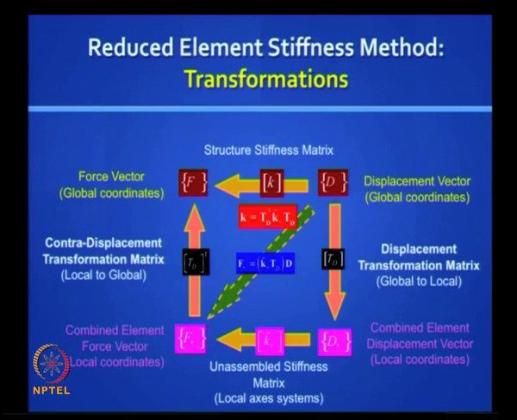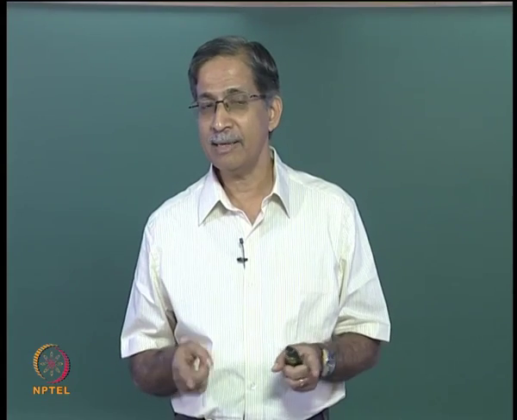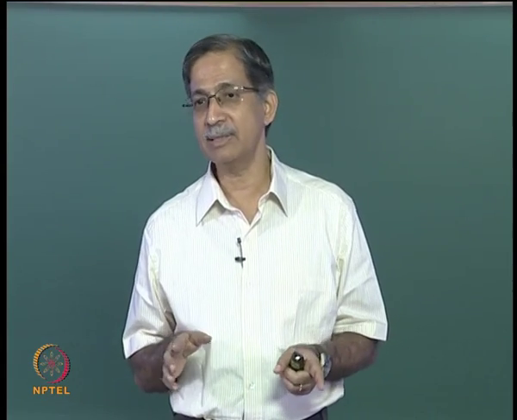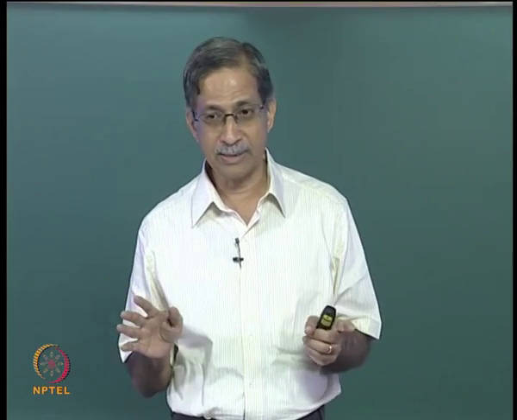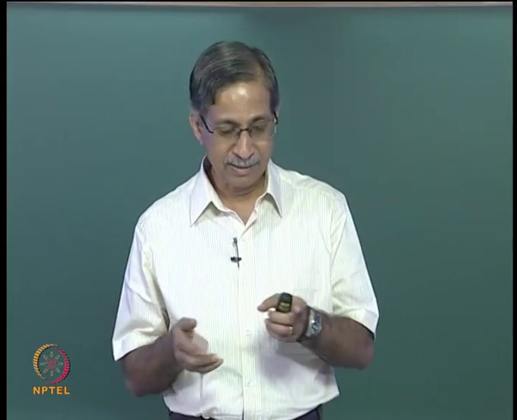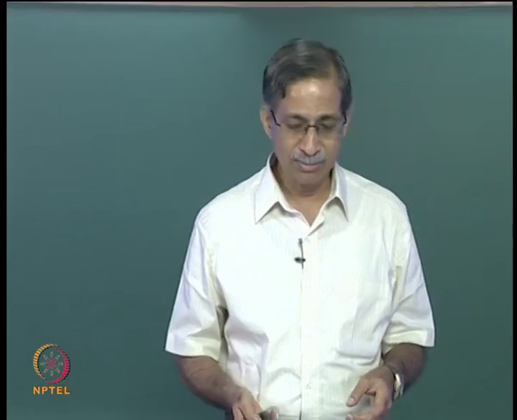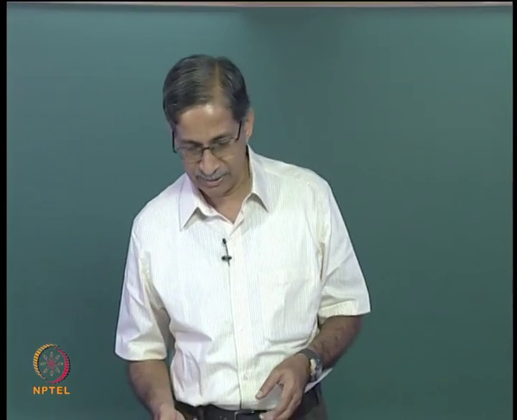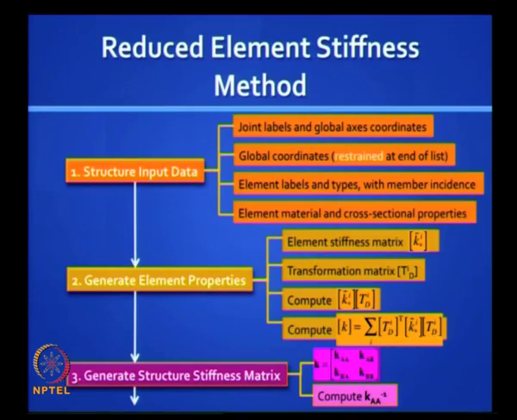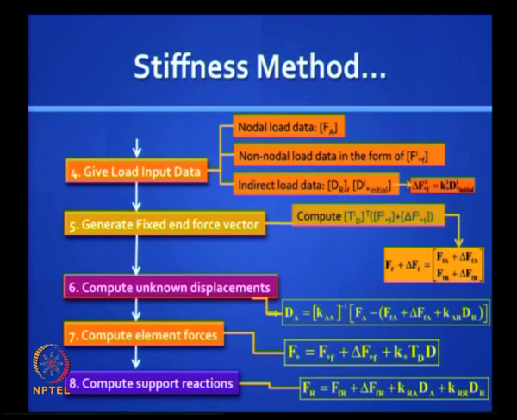This structure stiffness matrix that you get using the reduced element formulation is the same structure stiffness matrix that you would get had you done it by the conventional stiffness method. So there is no loss in accuracy, it is just that you have the advantage of dealing with smaller sized element stiffness matrices.